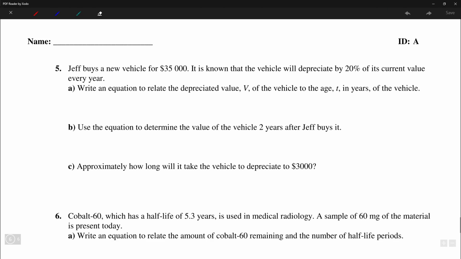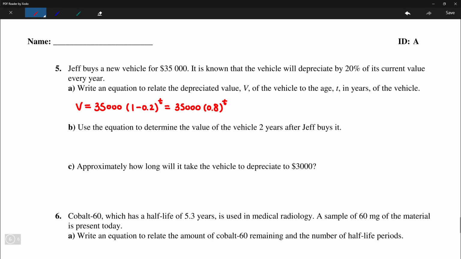So if we were to write an equation for the value V, that will be equal to the initial value, 35,000, and then every year it loses 20% of its value, so that will be 1 minus 0.2, to the t power, t in years, of course, which could be simplified to 35,000 times 0.8 to the t power.